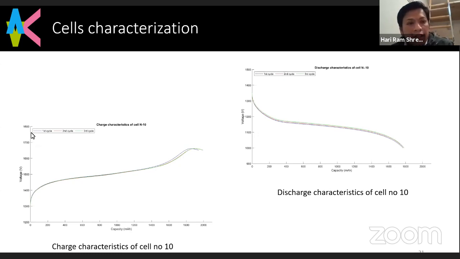I show only 3 results here. This one is the nickel metal hydride battery result. We can say the battery is very good because of the charge and discharge characteristics. You can see here the battery has almost 2000 milliampere hour capacity, and the discharge voltage is 1000 millivolt.